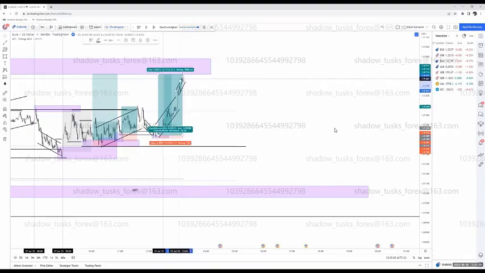Right, okay. Induced to the high side into now our high time frame, or in this scenario, 5-minute time frame, point of interest.